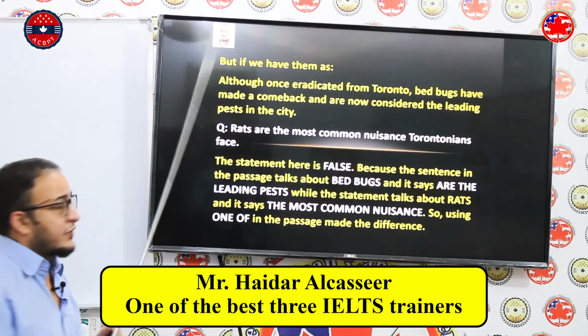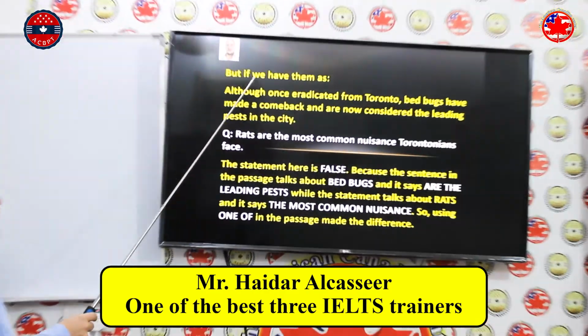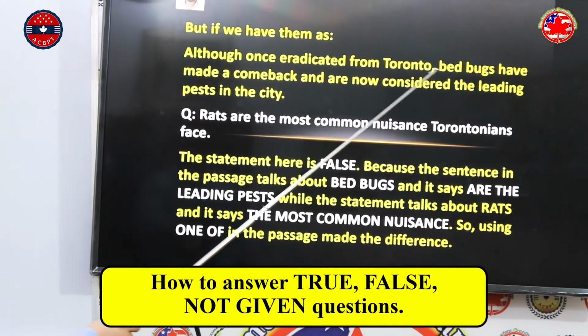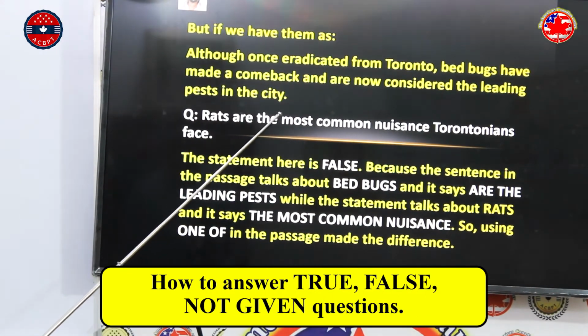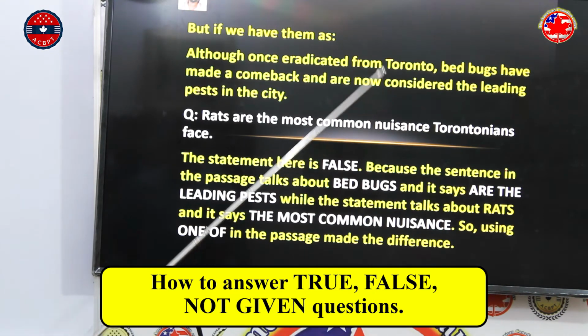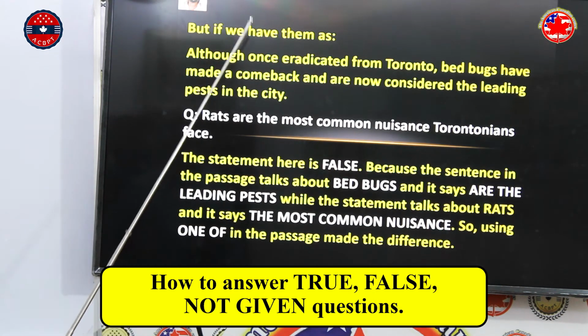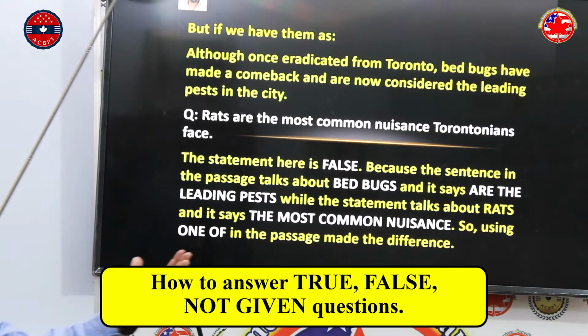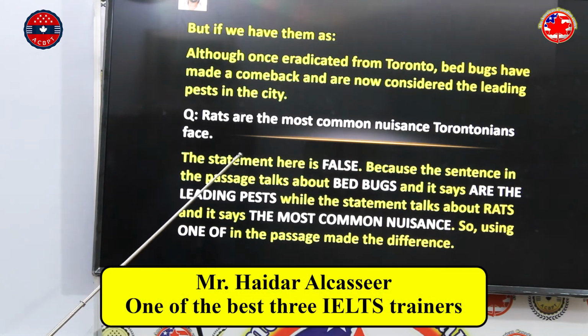But please pay attention to this one. If we have them as, although once eradicated from Toronto, bed bugs have made a comeback and are now considered the leading pests in the city. We omitted one of the leading pests. Rats are the most common nuisance Torontonians face. The statement here is false. Why?